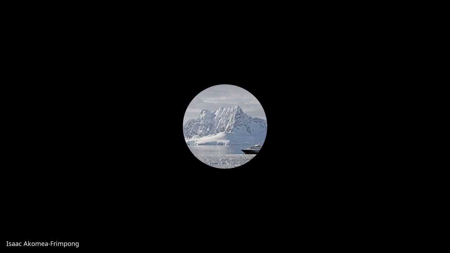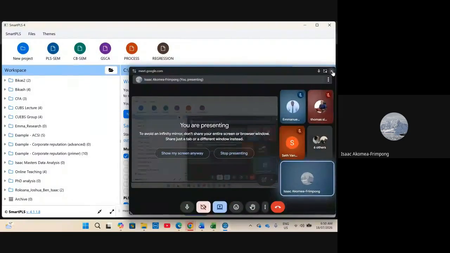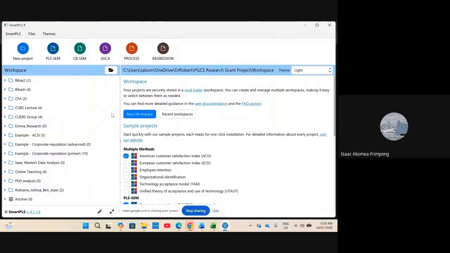So please download your work in terms of your data from the Google Forms. So make sure you download that.